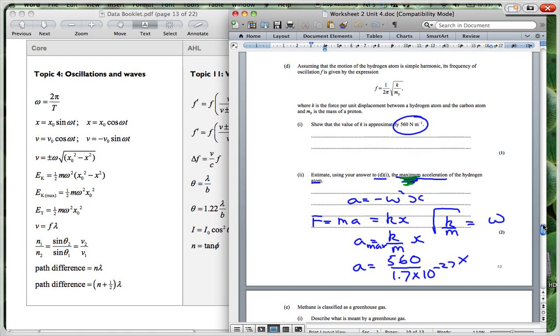Because they want the maximum acceleration, that is at x0. So you're going to put in your x0 value, which is 1.5 times 10 to the negative 10. And when you calculate that out, you should get about 5.0 times 10 to the 19 meters per second to the minus 2. So you're getting huge accelerations that are taking place.